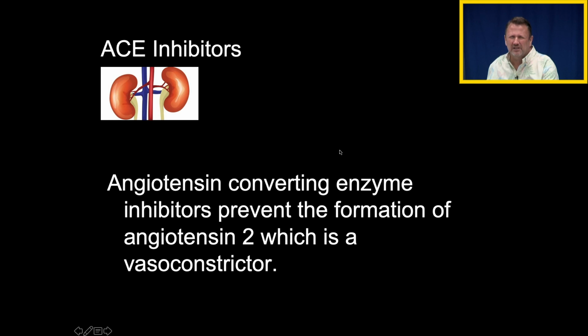So angiotensin converting enzyme inhibitors prevent the formation of angiotensin II, and that's how they dilate. But again, we'll use ACE inhibitors for other things besides just high blood pressure. So be careful about listing ACE inhibitors as antihypertensive.